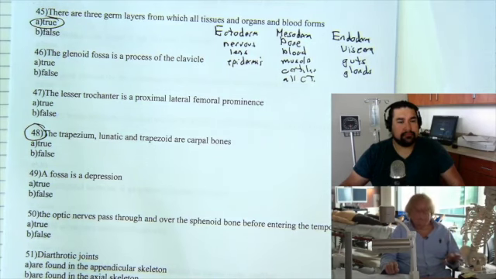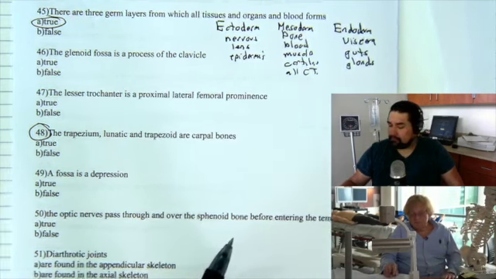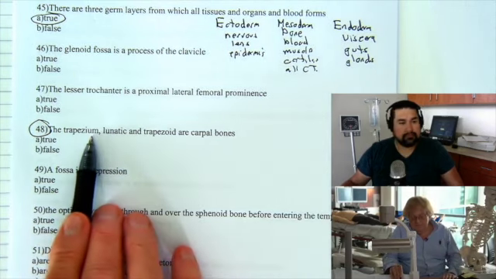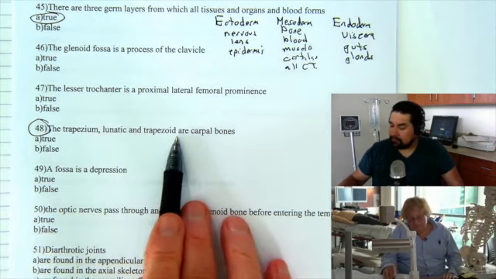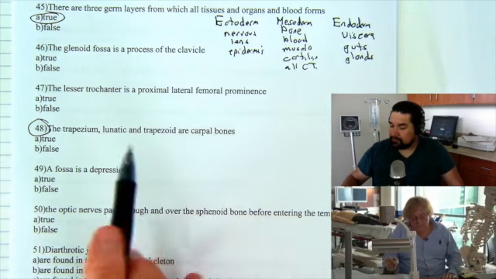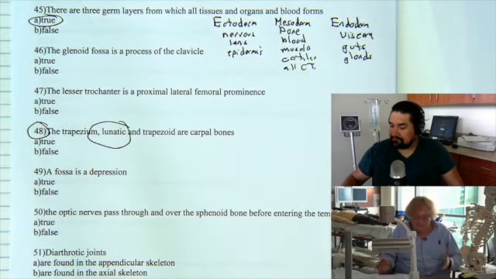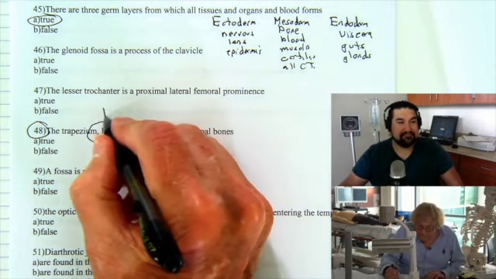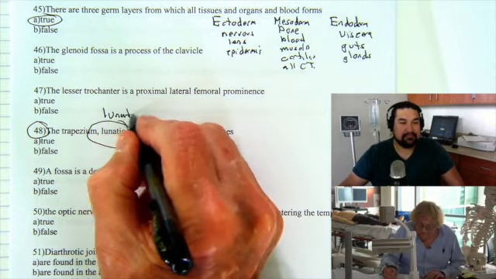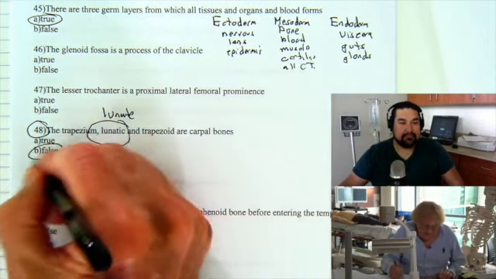If you look inside your textbook, you'll see there's mnemonics in the back that are real important to know, like the carpal bones and the tarsal bones. I know there's a trapezium, I know there's a trapezoid, and I know that there's no such thing as a lunatic, but there's something called a lunate. So therefore that really should be the lunate, or moon-shaped, and therefore that makes that false.